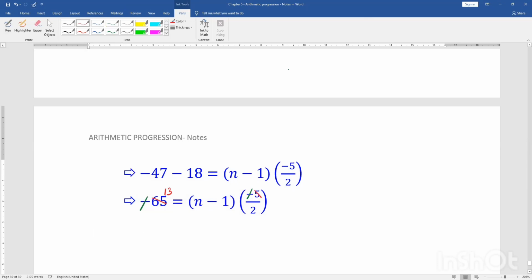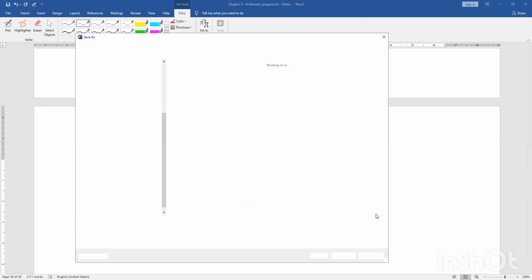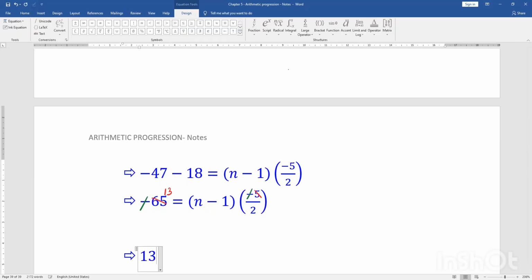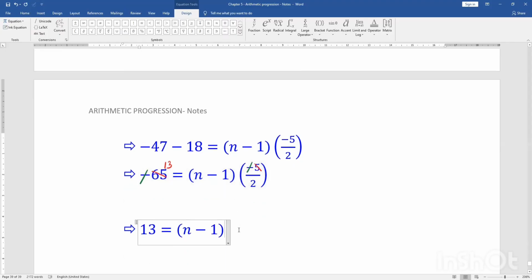So what is left now in this? Let me write this, one minute. So here we get 13 equals n minus 1 into, here it will be half. Correct, children? So let us write that half, 1 by 2.